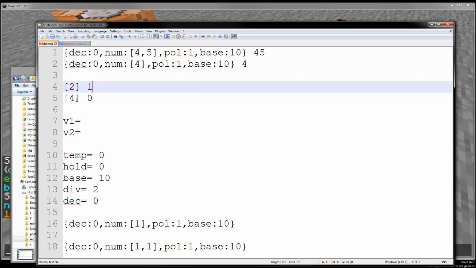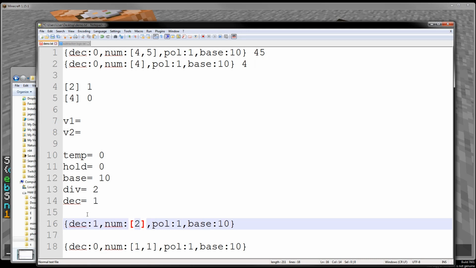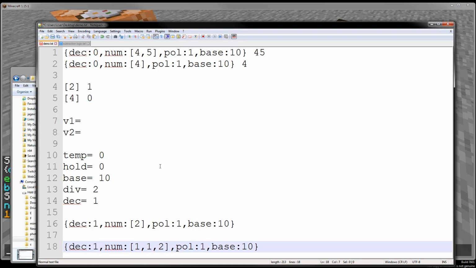And now, since this has 1 more here, I add 1 to the decimal point. So my next generated output is going to be a decimal point of 1 and 2. So I shift over this to add an extra decimal point, and then I add 2 to it. So now I have 11.2 as my output.